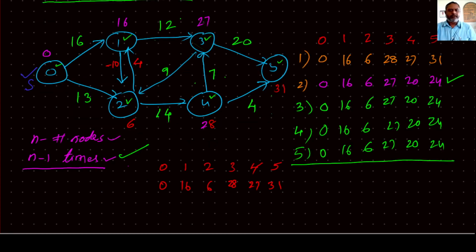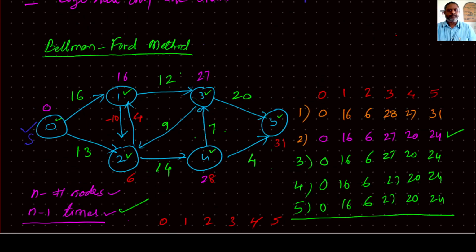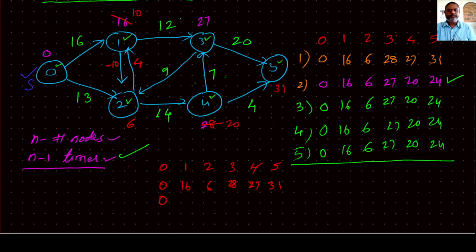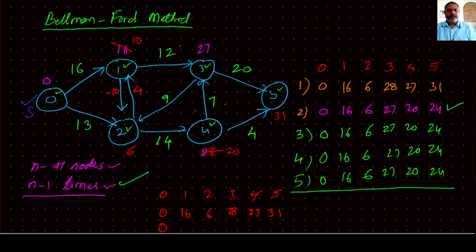So when you get into the second step, first you will get the chance of this 6, and 6 plus 4 will make it 10. Wonderful. Then 6 plus 14 makes it 20. That's fine. Then what will happen next? Next is 10, 27, 20, 31. So 10 gets the chance.